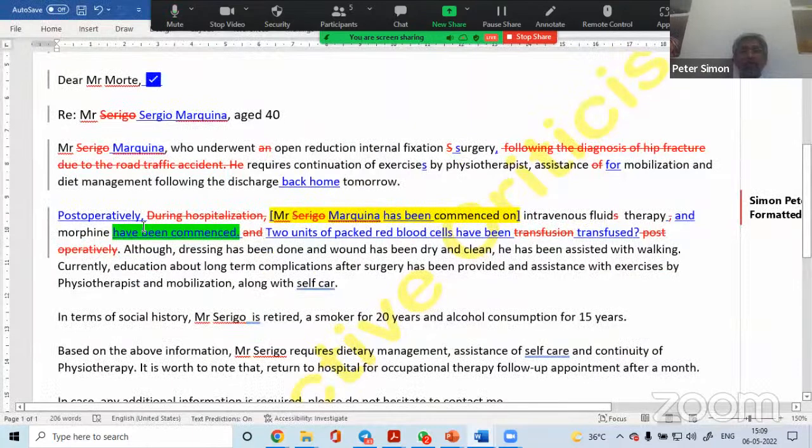Post-operatively, intravenous fluid therapy has been commenced. So actually you could have written like this.